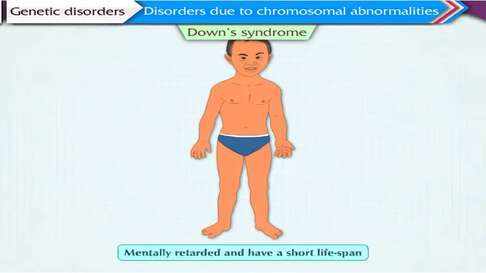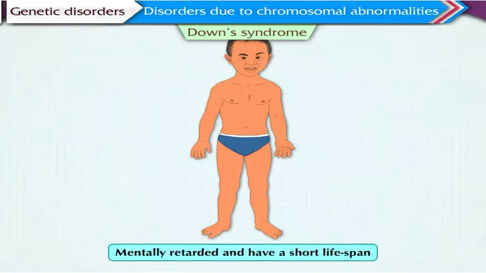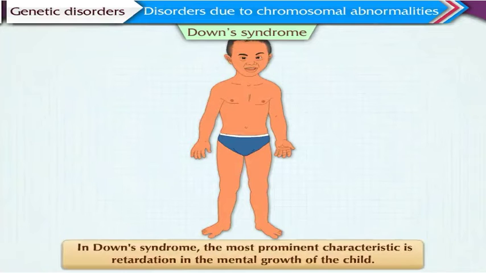Such children are usually mentally retarded and have a short lifespan. In Down syndrome, the most prominent characteristic is retardation in the mental growth of the child. Other symptoms include short height, short wide neck, flat nose, short fingers, scanty hair, and a single horizontal crease on the palm.